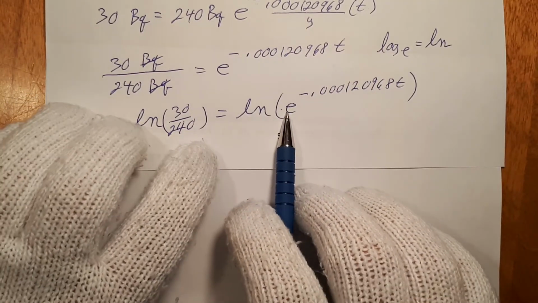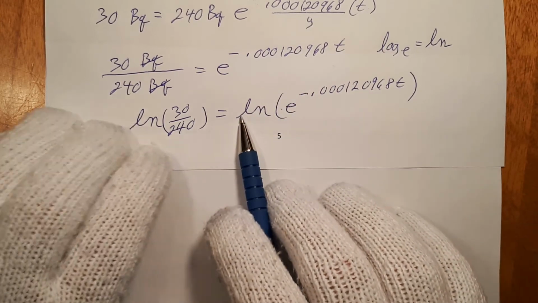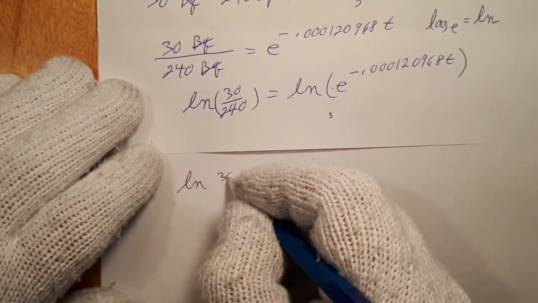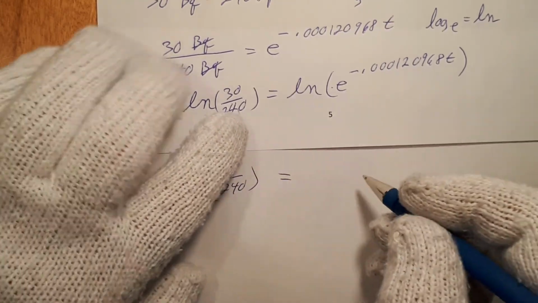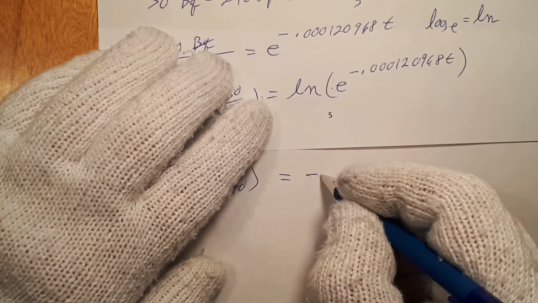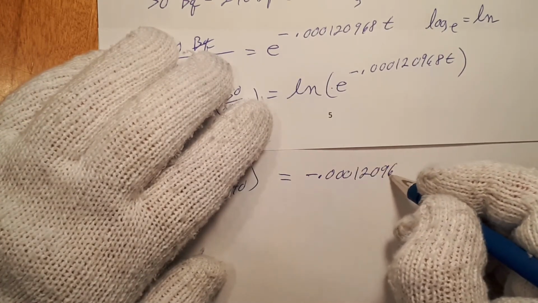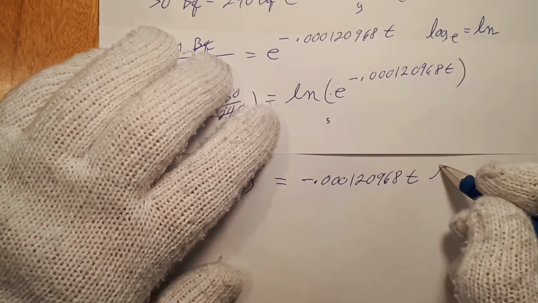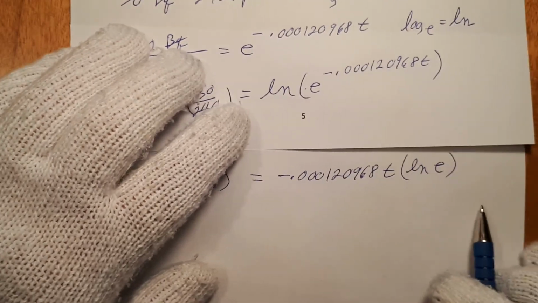When we take the ln of an exponential function, the powers will be brought down, and it looks like this. On the left-hand side, ln of 30 divided by 240 is equal to minus 0.000120968 t. The whole exponent will be brought down, times the ln of e.